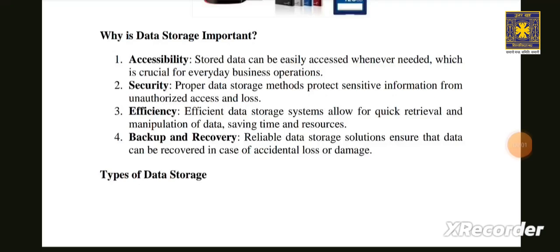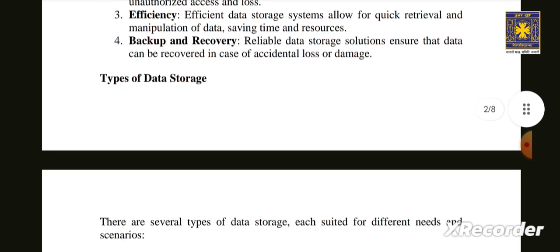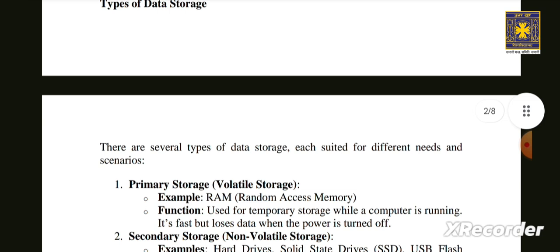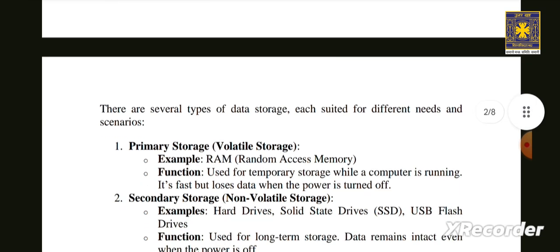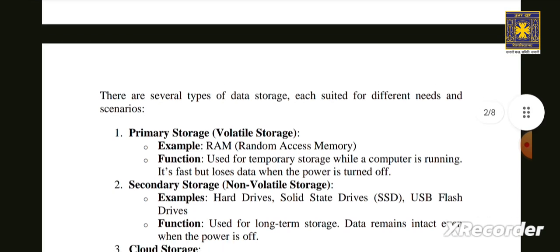After discussion on data storage, now we move toward different types of data storage and how each one is used. Let's break them down in simpler terms so that you can understand. First, we have primary storage, that is also known as volatile storage.